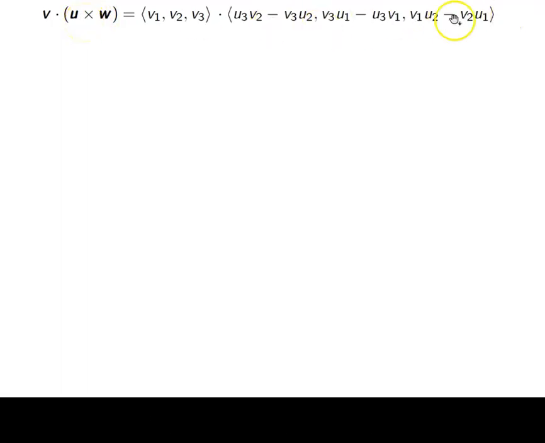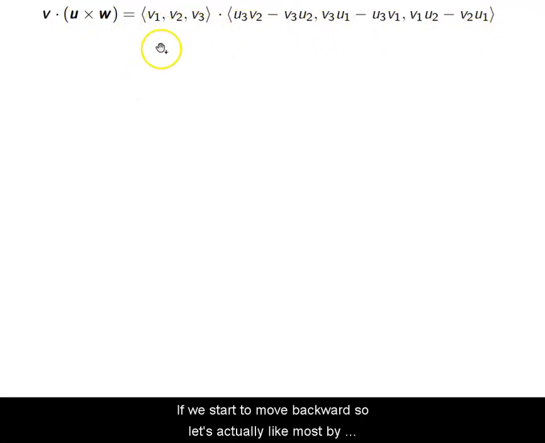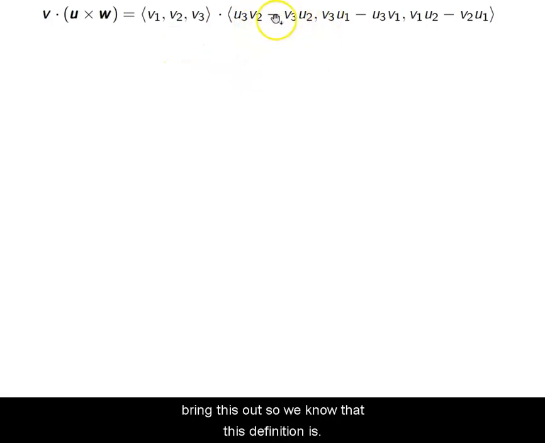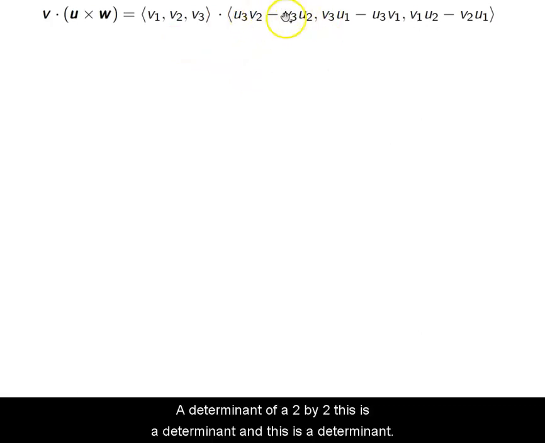Okay, so the scalar triple product of v, u, and w is equal to v1, v2, v3 dot product with the formula we have for this cross product, which we had here. And if we start to move backwards, let's not multiply this through, but bring this out. We know that this definition is a determinant of a 2 by 2.